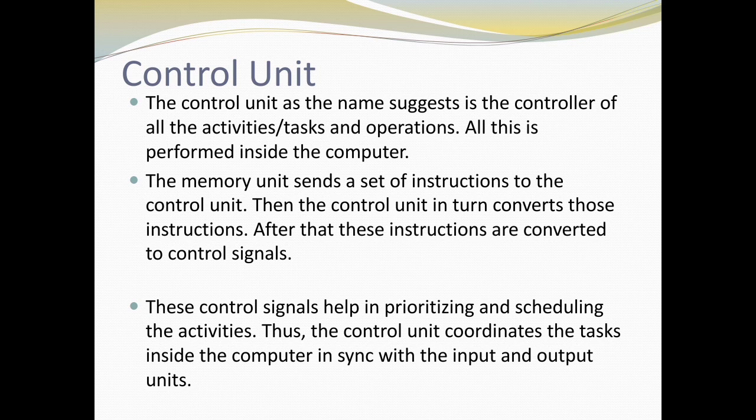The control signal is used to control all the activities. It is used to prioritize, so what is the first priority and what is the second priority, and also to schedule the activities. Thus the control unit coordinates the tasks inside a computer in synchronization with the input and output units.